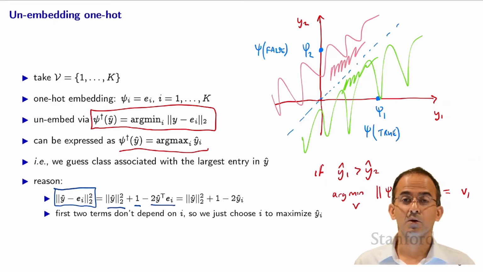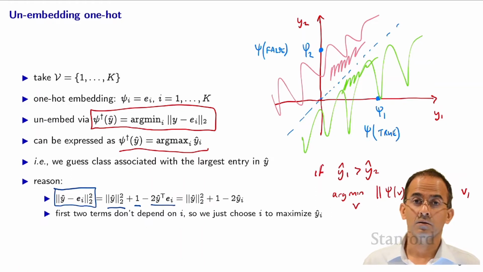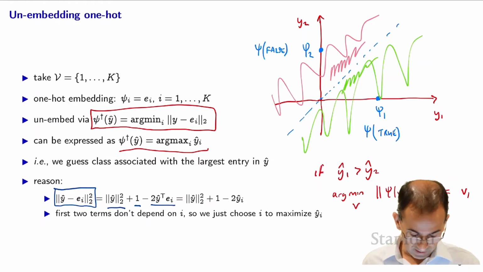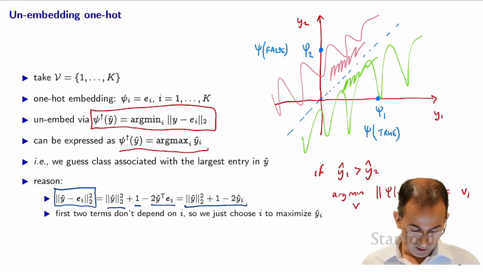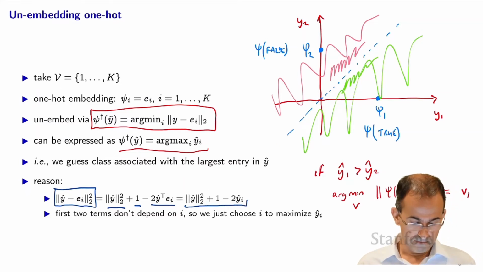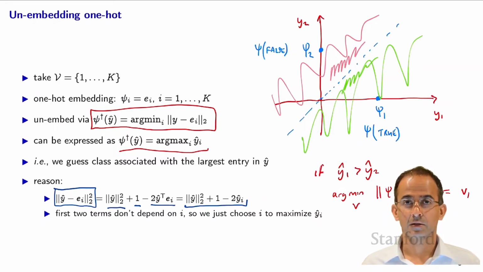And y hat transpose e_i is just y hat i. It's just the ith component of y hat. And so picking i to minimize that quantity is precisely the same as picking i to maximize y hat i.